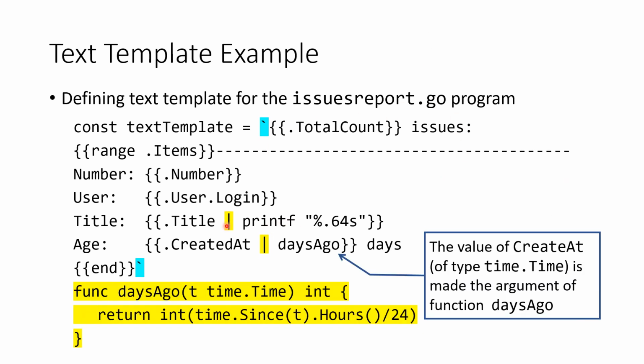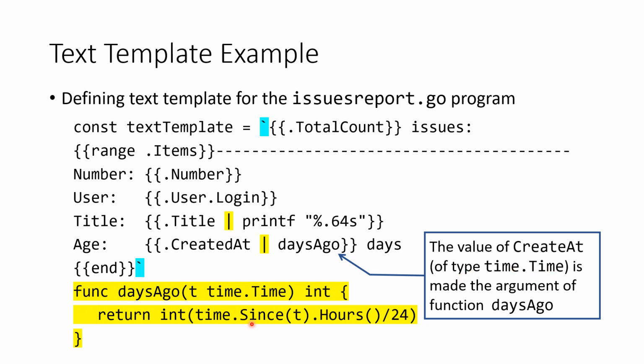In this text template, the vertical bar is also used in the action that shows the age of the issue. In the case of age, the first operation gets the value of the CreatedAt field, and the second operation is the function daysAgo, which is defined in the issuesreport.go program. The value of CreatedAt is of type time.Time.